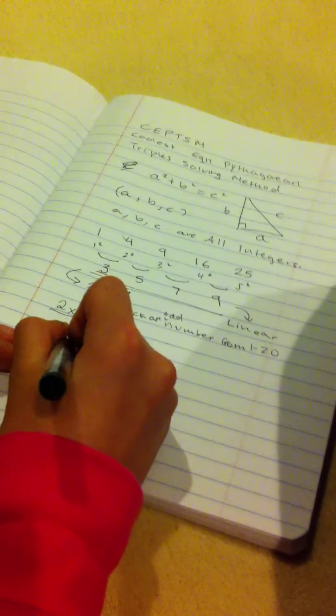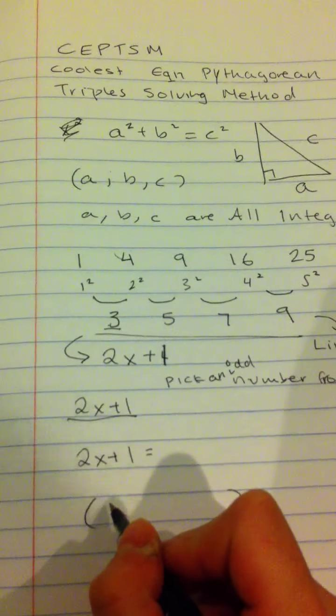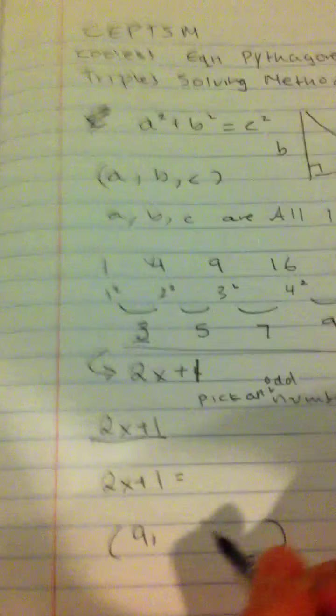So 2x plus 1 equals, see that ABC thing? You put the 9 right there.